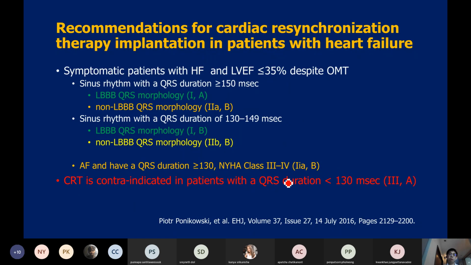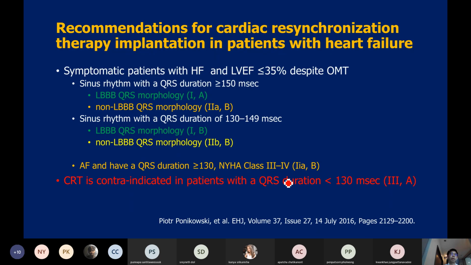And also, you can put the CRT in patients who have QRS wider than 130. Another thing I have to mention is that patients with sinus rhythm are more likely to benefit from CRT than patients who have atrial fibrillation, because AF has an irregularity in the rhythm.